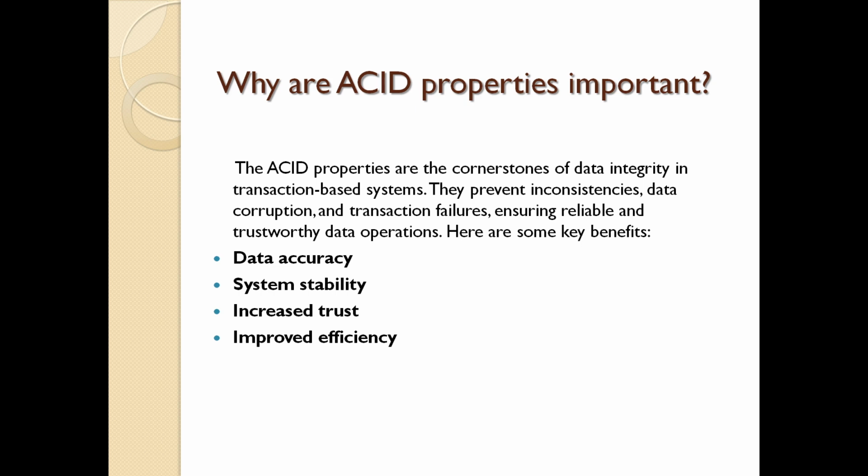Then increased trust. ACID guarantees data integrity, fostering trust and confidence in the system's ability to handle sensitive information. And finally, improved efficiency. By preventing errors and inconsistencies, ACID reduces the need for rework and data corrections.